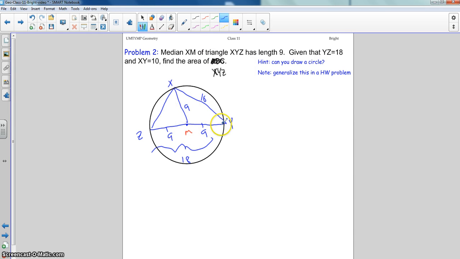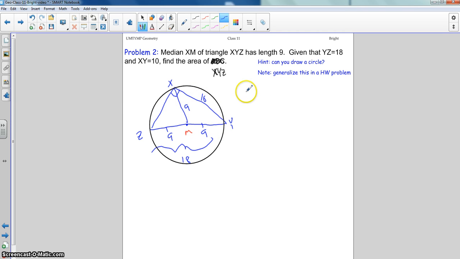So I can make a circle here, and this point was a circumcenter. When we had a circumcenter where there was a diameter, this ended up being a right angle. So I actually have a right angle, and I know two of the sides.